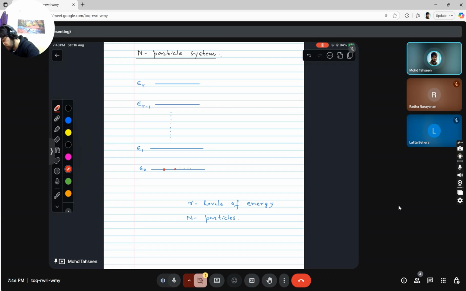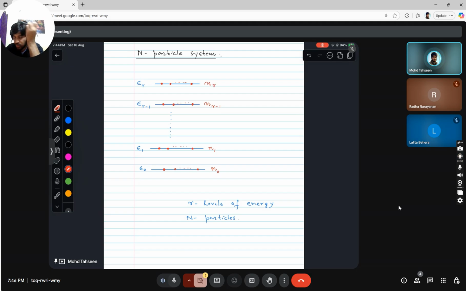I don't know how many there will be, but let's say this number is n0, and similarly there will be some number of particles here, let's call this n1, and similarly some particles here, let's call this n r minus 1, and particles here, let's call this n r.